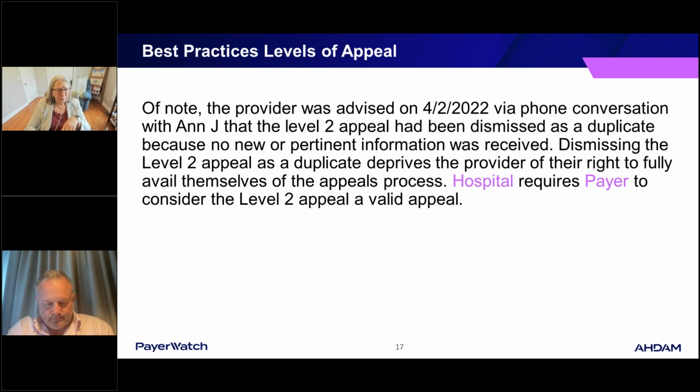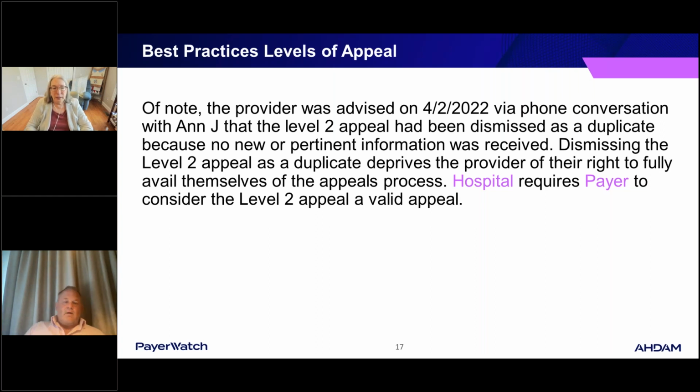Of note, the provider was advised on 4/2/2022 via phone conversation with ANJ that the level 2 appeal had been dismissed as a duplicate because no new or pertinent information was received. Dismissing the level 2 appeal as a duplicate deprives the provider of their right to fully avail themselves of the appeal process, and hospital requires payer to consider the level 2 appeal a valid appeal.